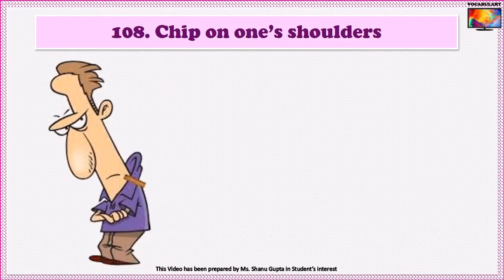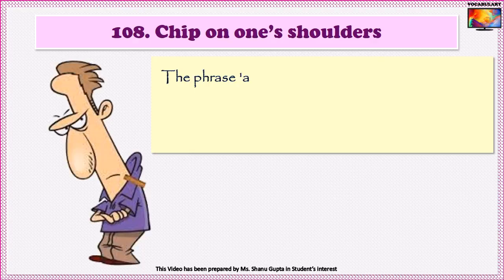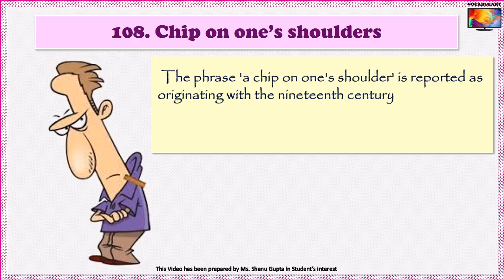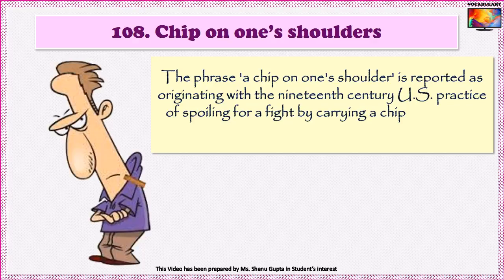Another idiom with the word chip is chip on one's shoulders. The phrase a chip on one's shoulder is reported as originating with the 19th century US practice of spoiling for a fight by carrying a chip of wood on one's shoulder, daring others to knock it off.